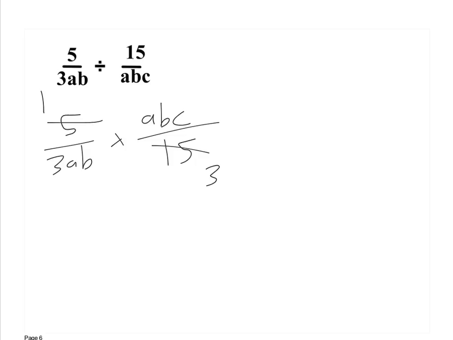Actually, there is. Even though I don't know what A is, and I don't know what B is, I don't know what C is, I see I have A on the bottom. Right? I have it on opposite sides. When I do that, timesing by A and then dividing by A, they cancel each other out.